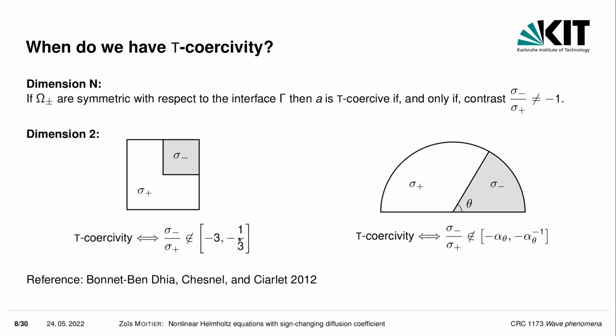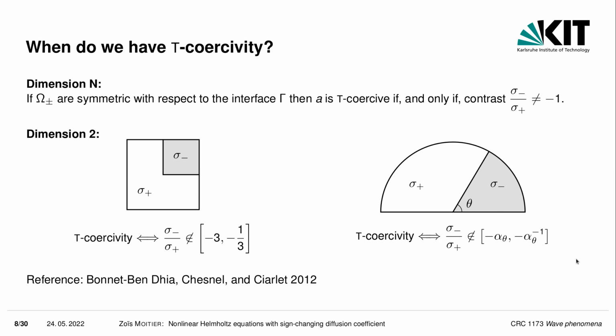And here it's -3, -1/3. Outside of this interval you are T-coercive, inside you are not. And for this situation, you are T-coercive if you are outside of the same kind of critical interval, and this alpha depends on the angle theta. It has an explicit formula, but it's too big to fit on the slide, so I didn't include it. But you know exactly when you have T-coercivity.